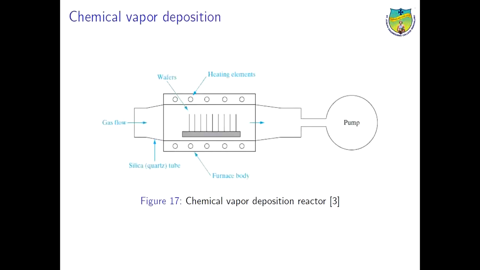Next is chemical vapor deposition. All stages of semiconductor fabrication require thin films of dielectric, semiconductor and metal to be deposited and etched. Thermal oxidation consumes silicon from the substrate and requires a very high temperature. Whereas in chemical vapor deposition, SiO2 does not consume Si from the substrate and can be done at a much lower temperature.